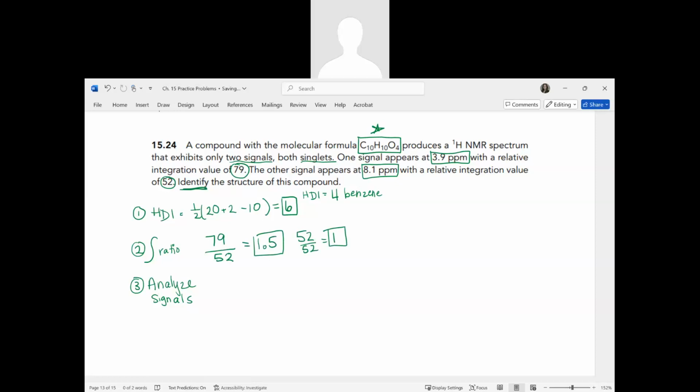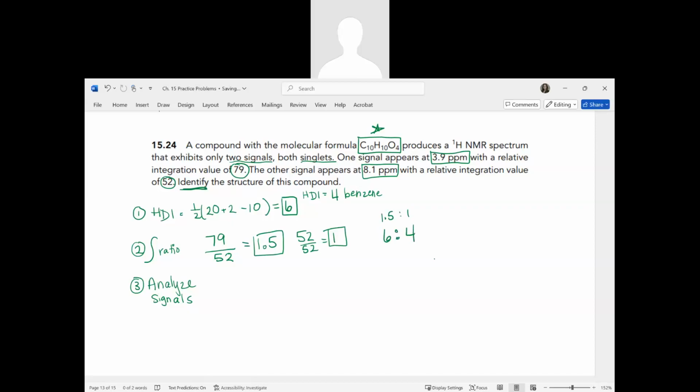So we have this 1.5 to 1 ratio. And since we have 10 protons, this must correspond to 6 protons to 4 protons, right? 6 to 4 is the same as this 1.5 to 1 ratio.